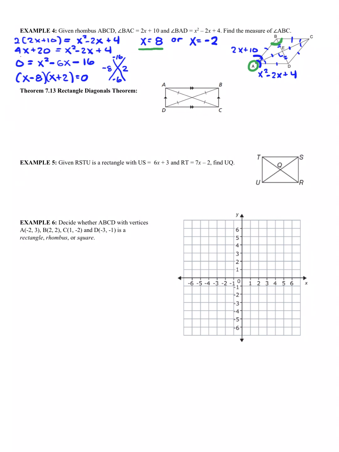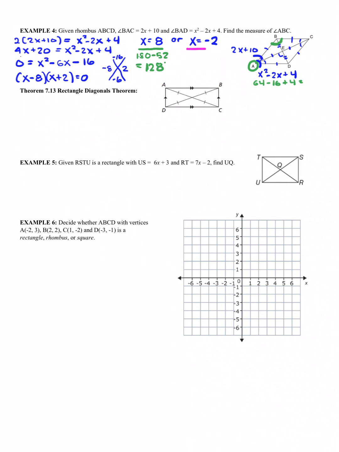So if I plug in 8, I get 64 minus 16 plus 4, and I have to get out my calculator. 64 minus 16 plus 4 is 52. So this angle here is 52. So 180 minus 52 is 128. So that's the answer if we use x is 8.